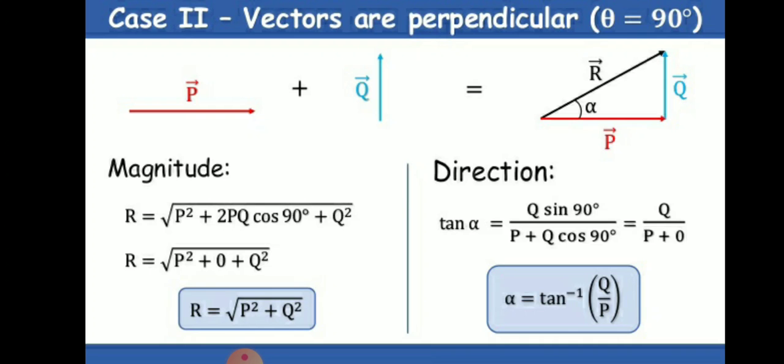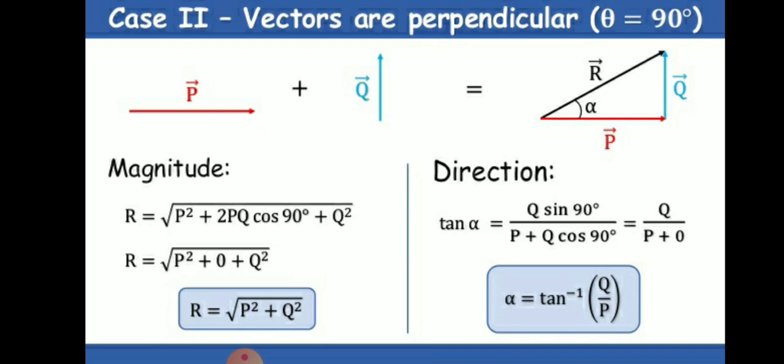Two vectors are perpendicular, so the magnitude R is equal to the square root of P square plus 2PQ cos 90 plus Q square. Cos 90 value is 0. Therefore, R is equal to the square root of P square plus Q square.